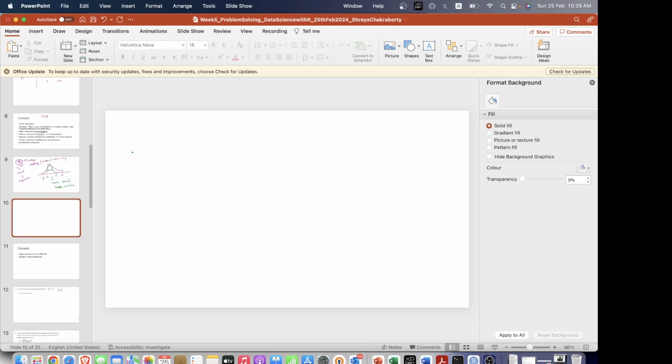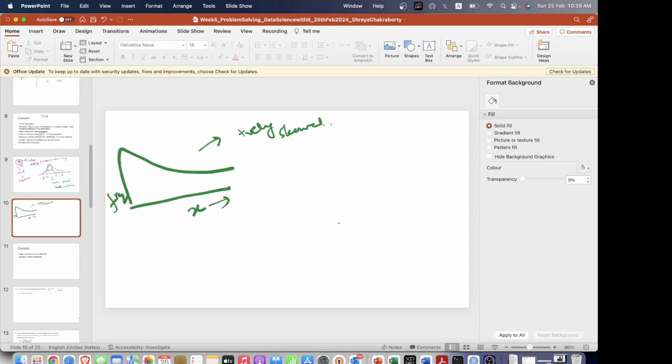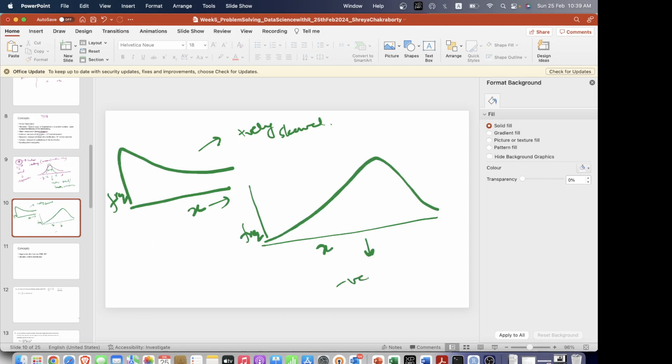And also we learned about skewness. So skewness is giving us how the distribution looks like. So if we have something like this, where here we have the x values, here we have the frequency values, so this is positively skewed. And if we have something like this, this is negatively skewed.